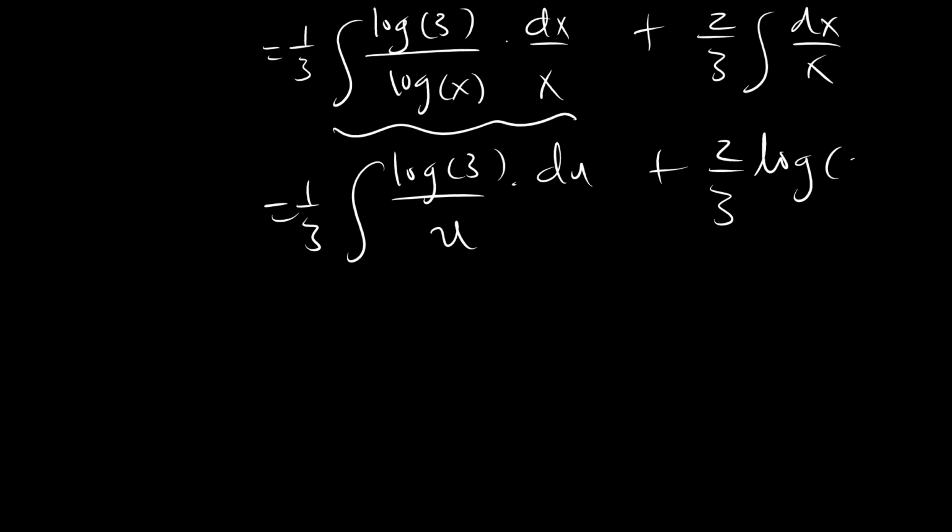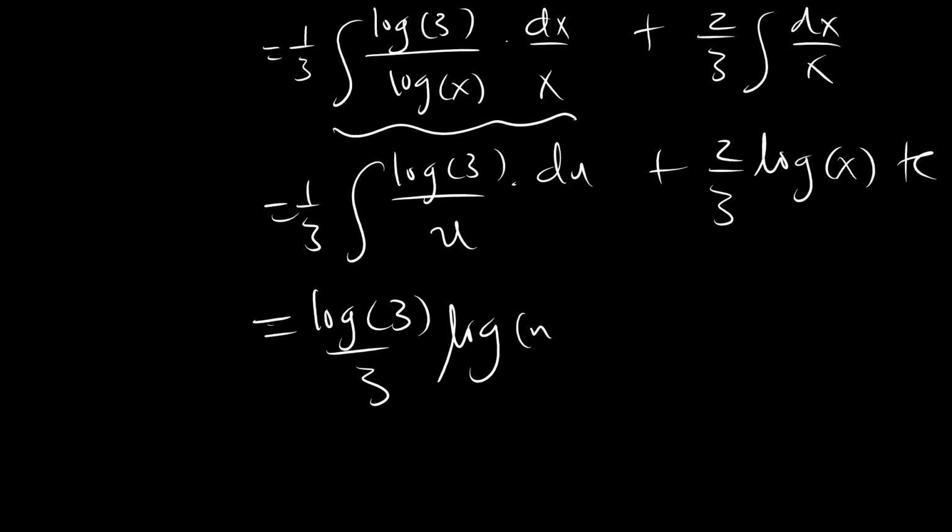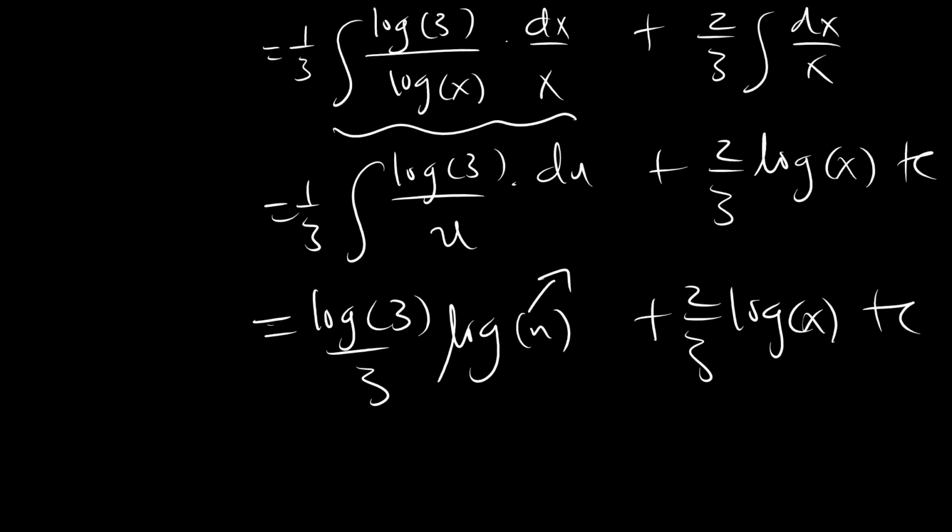This is log x. This is easy to see. So we have log of 3 over 3 log of u plus 2 over 3 log of x plus the integration constant, but u was log of x, right?